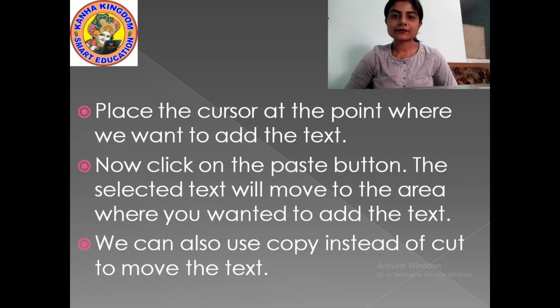and after that, place the cursor at the point where we want to add the text, bring the cursor to the portion where you want to add that selected text. Okay, now click on the paste button. This option is also present in the home ribbon.